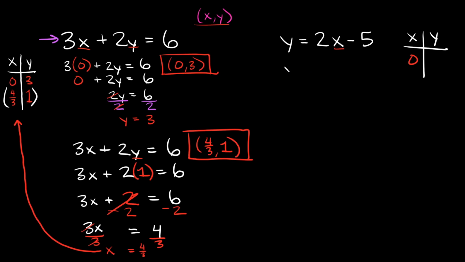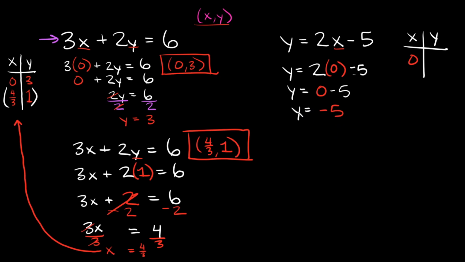So then plugging it in, we're going to have y is equal to 2 times x, which is going to be 0, and then minus 5, right? Okay, so then y is equal to 2 times 0, which is just 0, and then minus 5 right there. So 0 minus 5, that's equal to negative 5, okay? So then y is equal to negative 5.